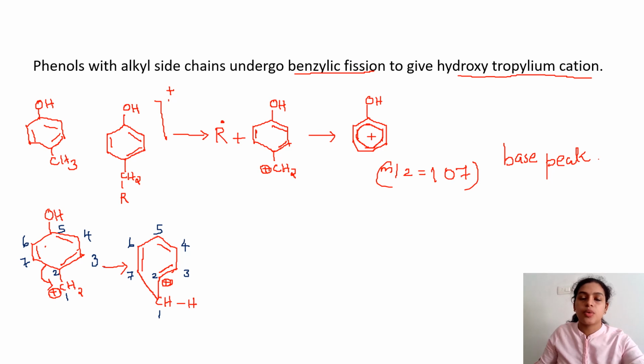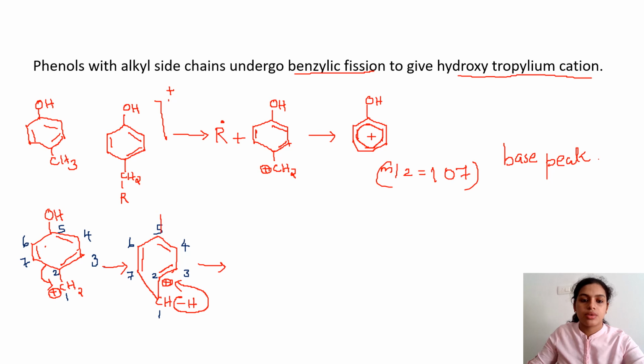So there is a positive charge in the place of the second carbon now. It was in the first carbon, now it has shifted to the second. That is to make up for the electron loss in the case of the second carbon atom. Hydrogen from here is shifted to the second carbon atom to give a species like this.